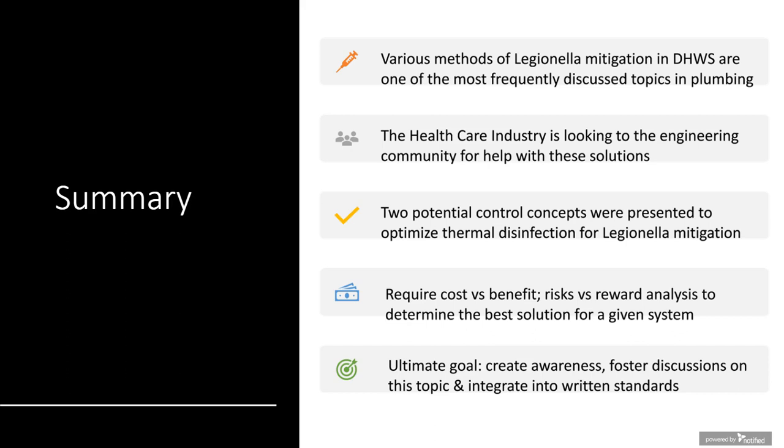We've introduced two potential control concepts to automate that process. And again, I'll state again, probably for the third time, these aren't the end-all type of solutions. Hopefully with the whole plumbing community involved and getting behind it, we can definitely improve on what I've shown today and further minimize risk to patients and automate the process.